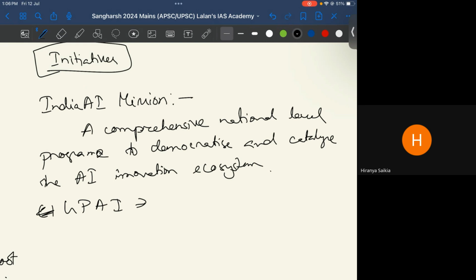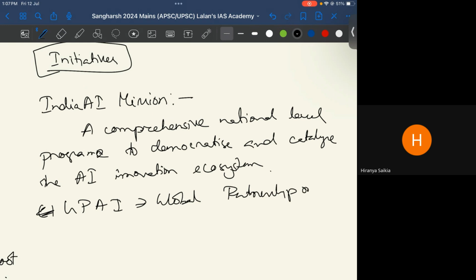So এতিয়া 25 countries আছে. There are 25 countries in it, and it is supposed to create a framework on AI related issues. So global partnership on AI, GPAI.